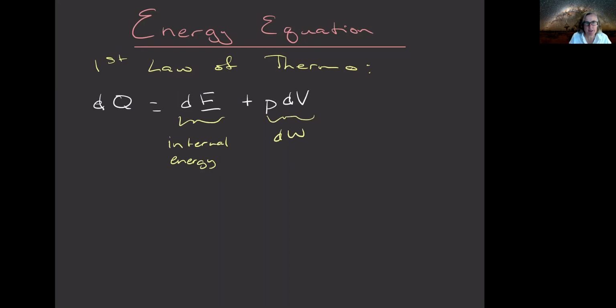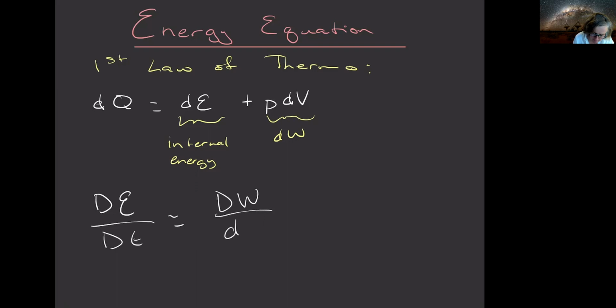So we can write this in a Lagrangian sense, where, remember, capital D means it's a Lagrangian partial derivative. So we're going to write, and this would probably be better written as E like that, that the change in energy with respect to time is equal simply to the change in the work with respect to time plus the change in the heat with respect to time.